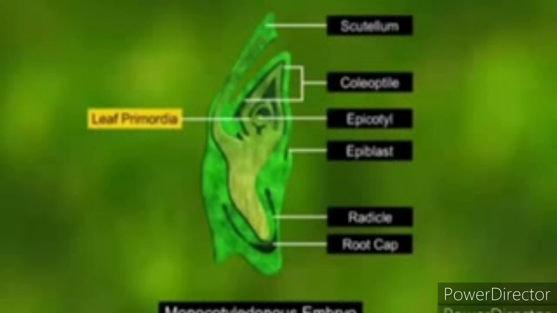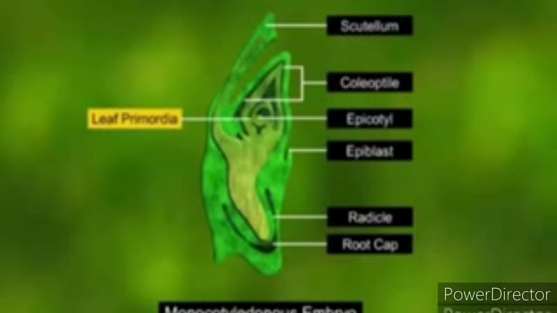At its lower end, the embryonal axis has the radicle and root cap enclosed in an undifferentiated sheath called coleorhiza, which becomes the root.